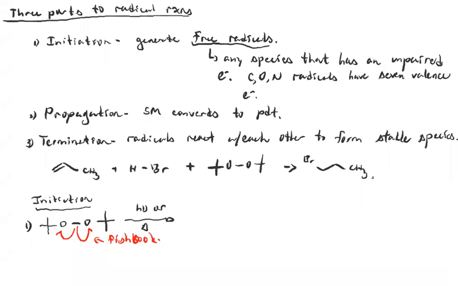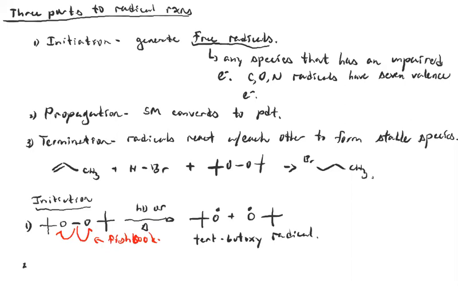What I end up with are two of these oxygen-centered radicals, and we call these tert-butoxy radicals, since the alkyl group is a tert-butyl. So that's step 1 of the initiation. I basically cleaved my initiator, the ditert-butyl peroxide, to generate these radicals.